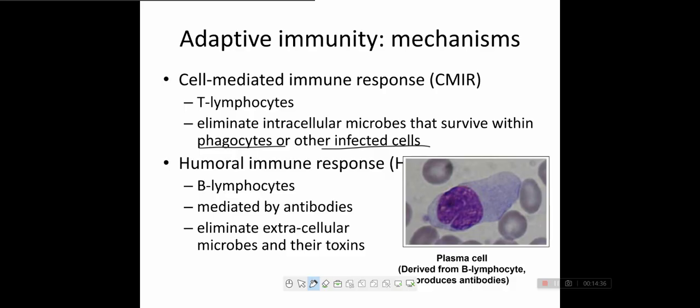Remember this, the mechanism of adaptive immunity is mediated by two types: the cell-mediated immune response, that is by your T lymphocytes, and the humoral immune response, that is of B lymphocytes, right? B lymphocytes mediated by antibodies eliminate extracellular microbes and their toxins.